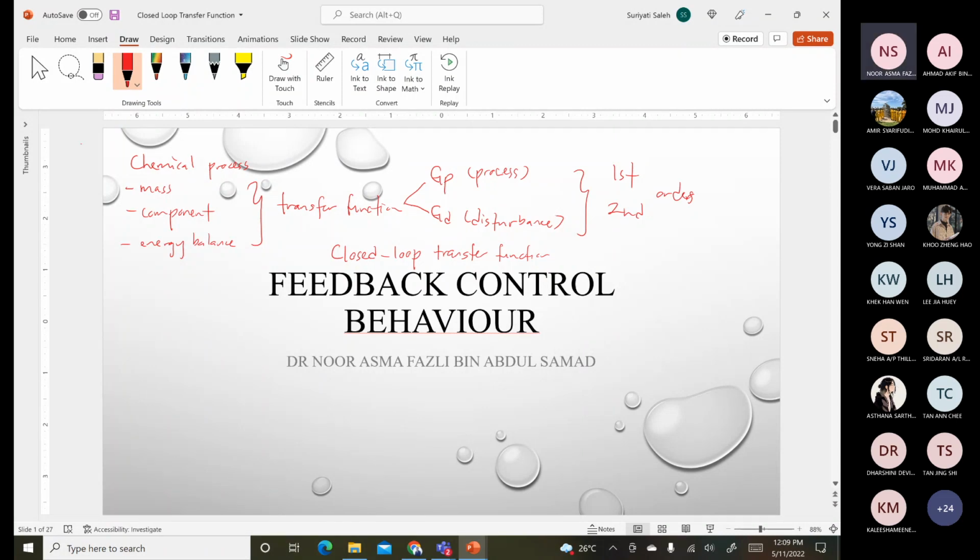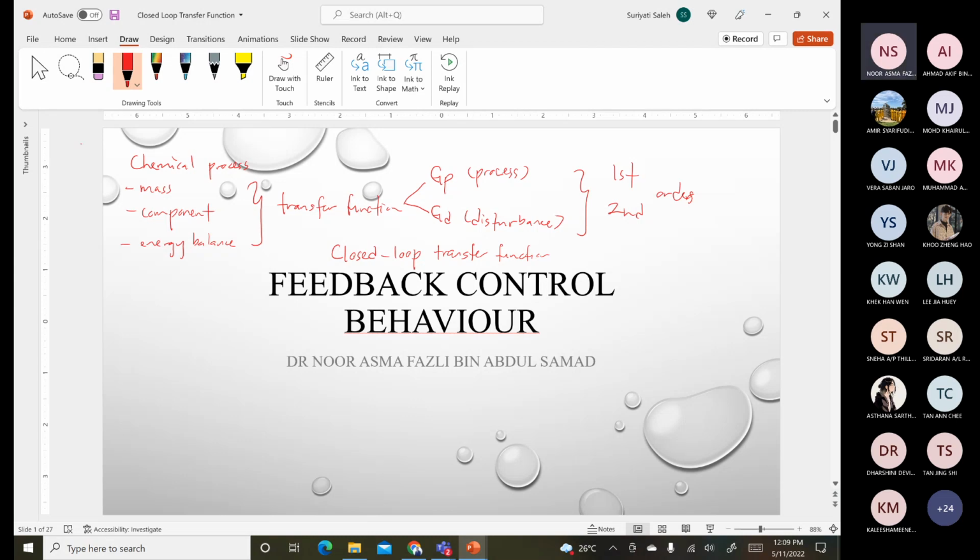Once we obtain the first or second order transfer function, the next step involves the inverse Laplace, where you can directly solve the given mathematical model. So if we take it overall, there is no control yet. You just assess the behavior of your process based on the first or second order.